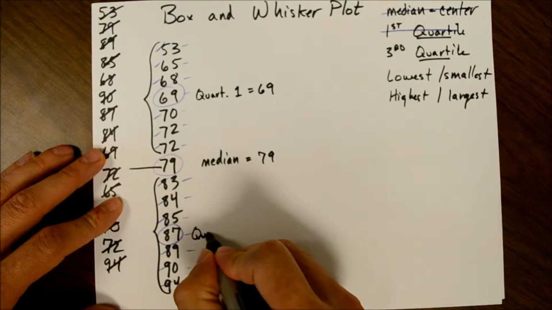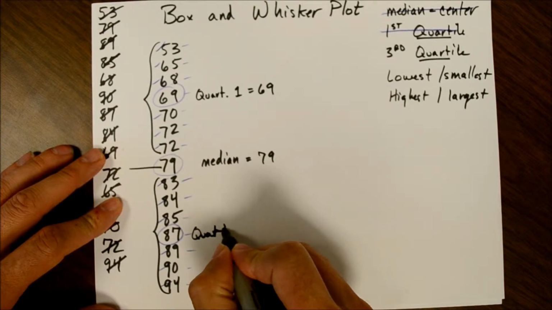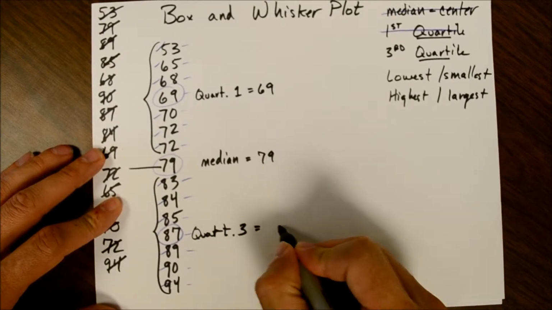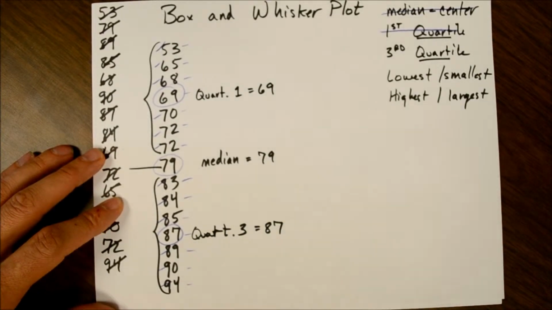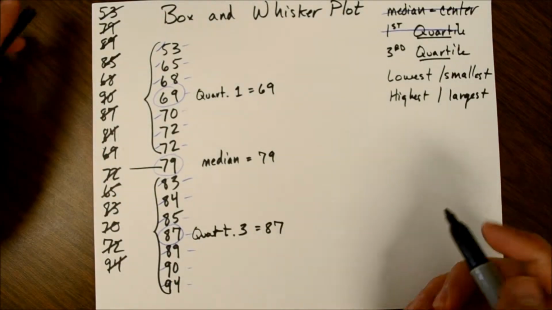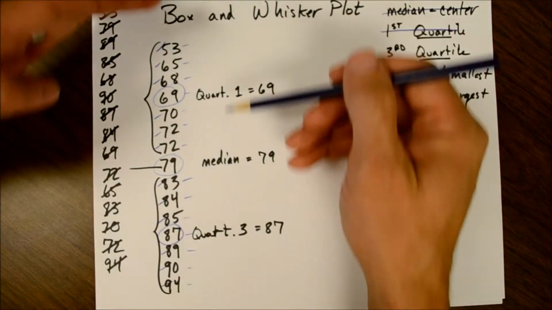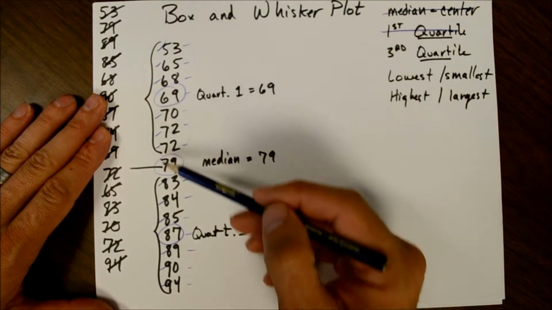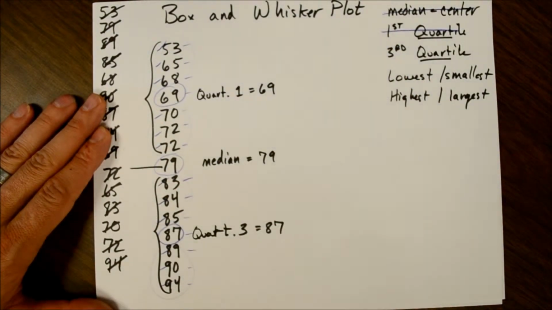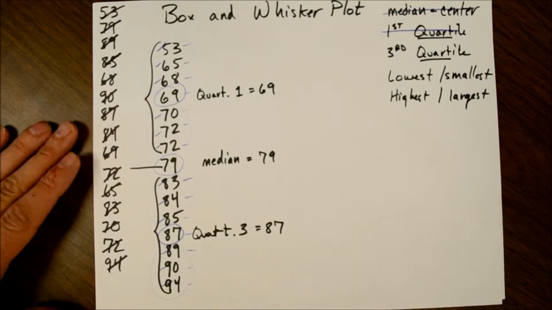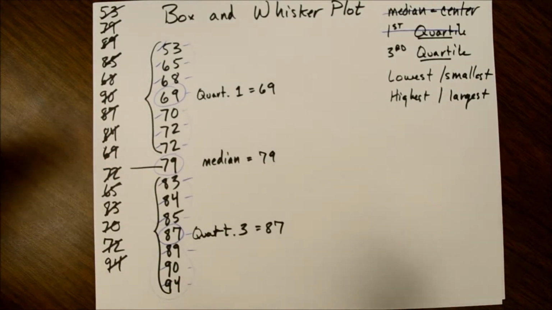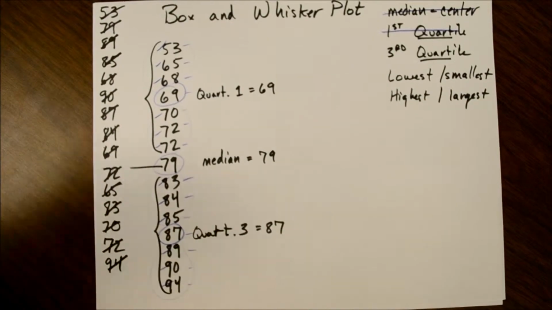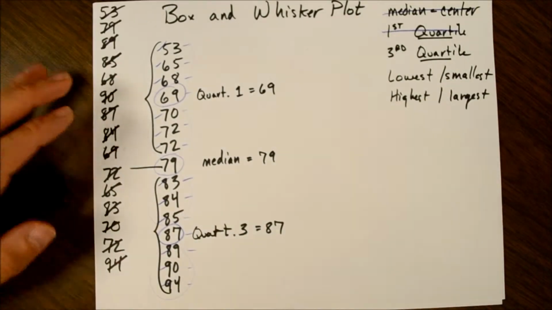So quartile, if I could spell, 3 is 87. Now can you see we've effectively divided this set of numbers into four pieces evenly. Okay? And we'll look at the box plot to see if the evenness of the box plot matches the evenness of what we have here.